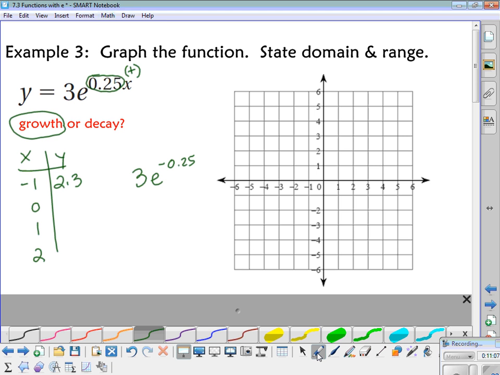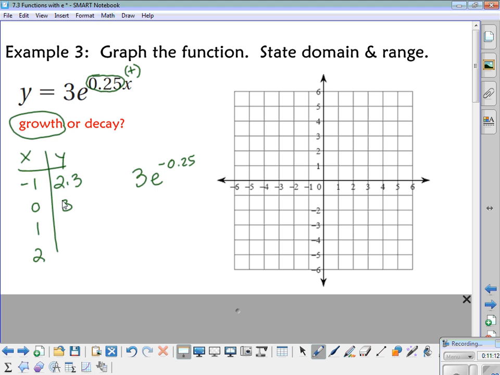If it's to the 0 power, that's just 3 times 1, so 3. Then 3e to the positive 0.25 power comes out to 3.85, so we'll say 3.9. When I put in 3e to the 0.5 power, because 2 times 0.25 is 0.5, I get 4.9.